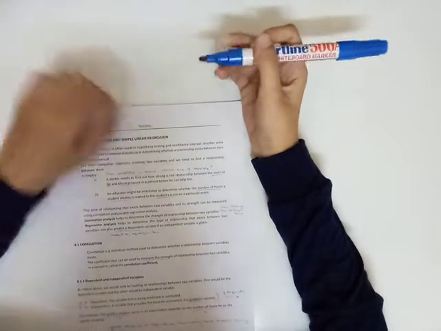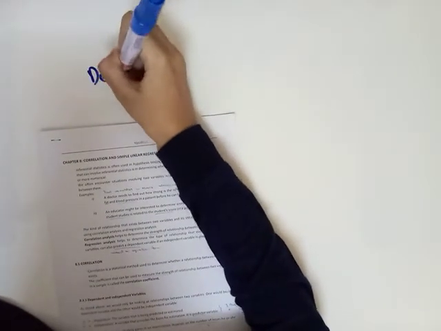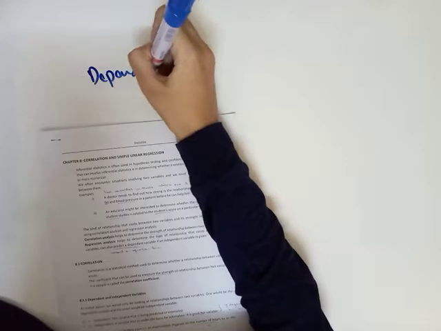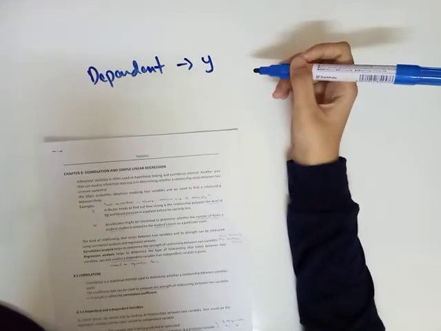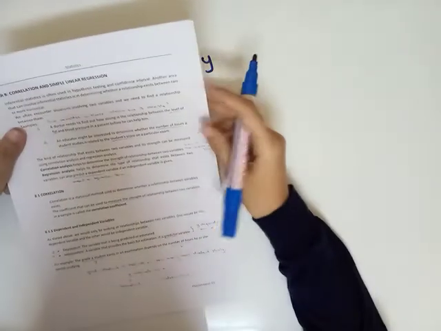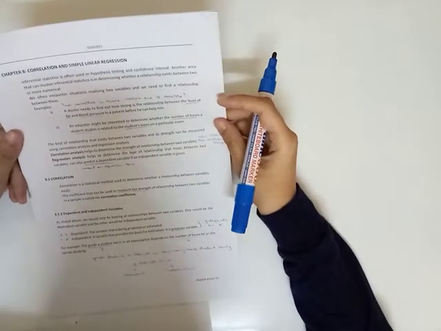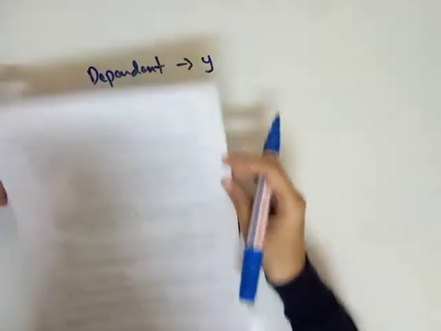What is a dependent variable? Look at your notes. It is the variable that is being predicted or estimated. The dependent variable we let as y. For the independent variable, what does it mean? It is a variable that provides the basis for estimation. It is the predictor variable.